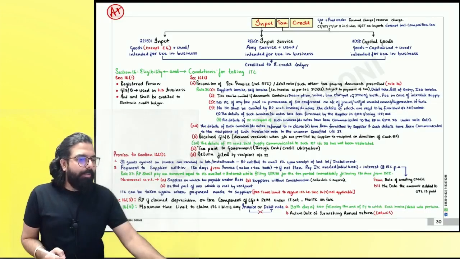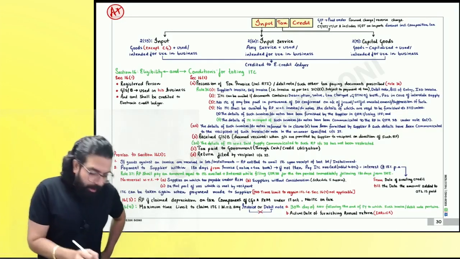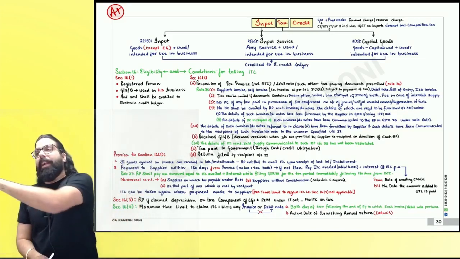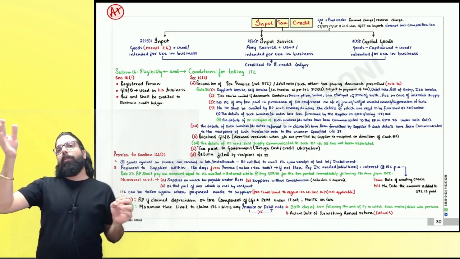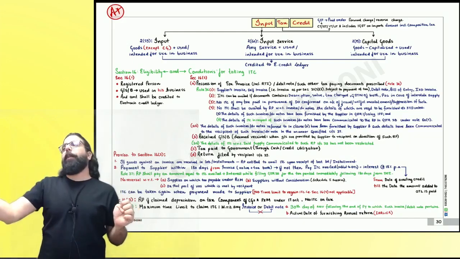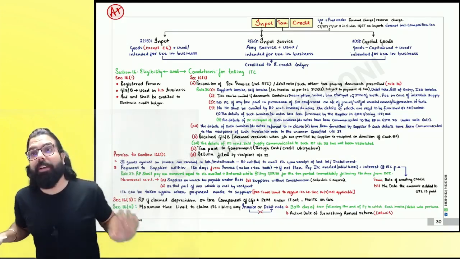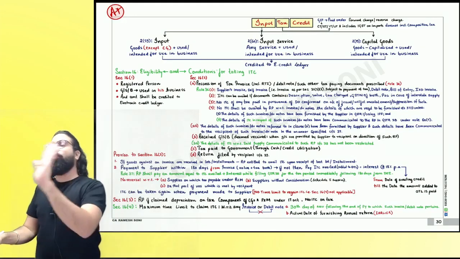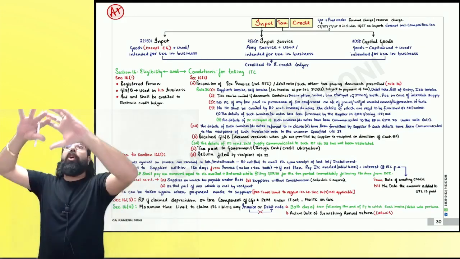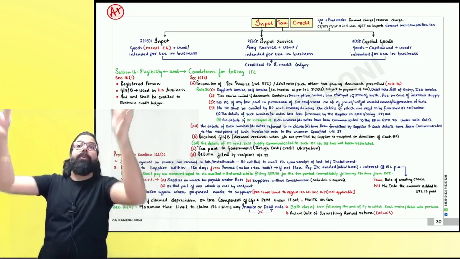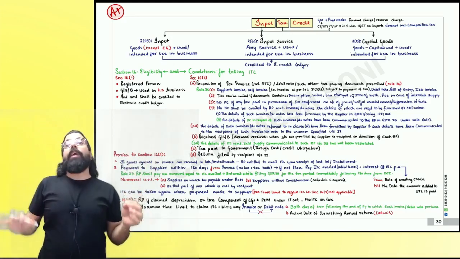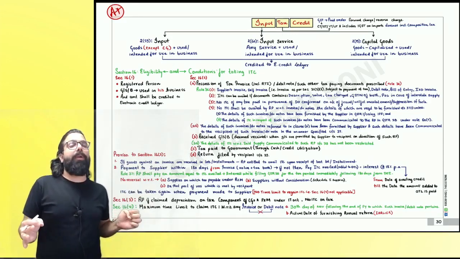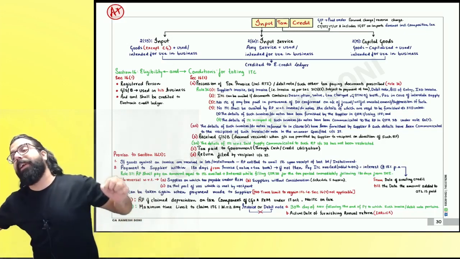Everyone over here, please come to section number 16 now. Before starting section number 16, input tax credit. What do you mean by inputs and what do you mean by tax and what do you mean by credit? See, generally talking, input means only goods other than capital goods which are used in your business. But if you talk on a broader term from the chapter point of view, input can be goods also, input services, which are basically services which you take in the course of your business, or capital goods.